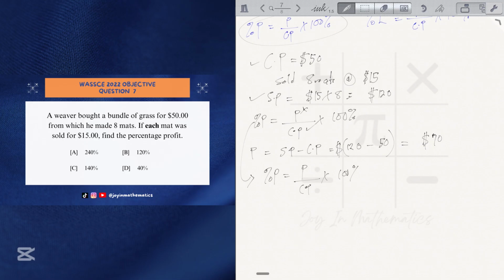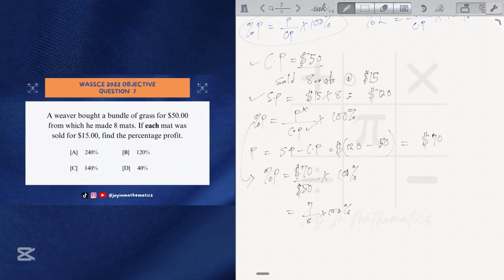So let's just make our substitution. The profit is $70, the cost price is $50. And in view of this, the dollars will nullify the dollars and we'll be left with 7/5 multiplied by 100%.